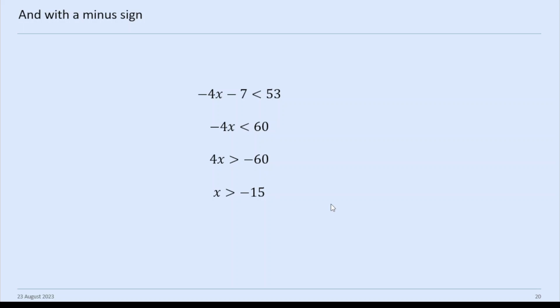You get minus 4 times minus 10 is 40, minus 7 is 33, which is definitely less than 53. So if you put in exactly minus 15, what you get is 60 minus 7, which is 53. So it kind of works.